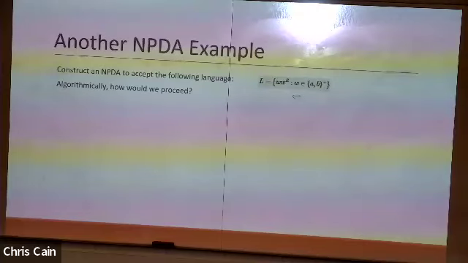Instead of, when you read an A and the stack is empty, can you just say that when you read an A, no matter what the stack is, you just push? Yeah. Is there a way to write that? You would technically need a rule for the top of the stack.